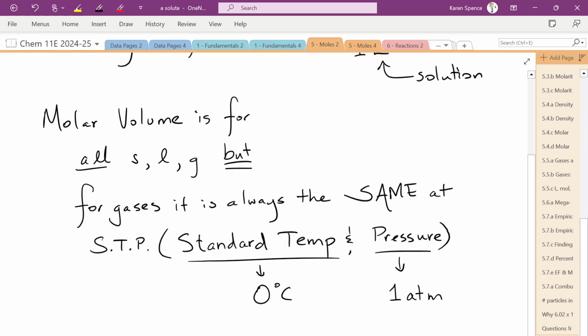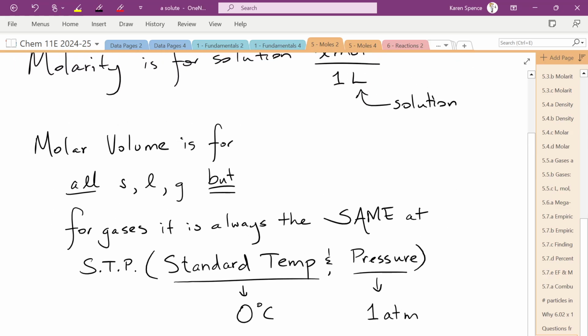How do we abbreviate atmosphere? ATM. Okay. So molar volume, you can have a molar volume for any substance, right? You could have a mole of gold and you can say, how much space does this gold take up? You can have a mole of water and you can say, how much space does this water take up? But these are for pure substances, not for mixtures. I should put that in here. Pure substances.